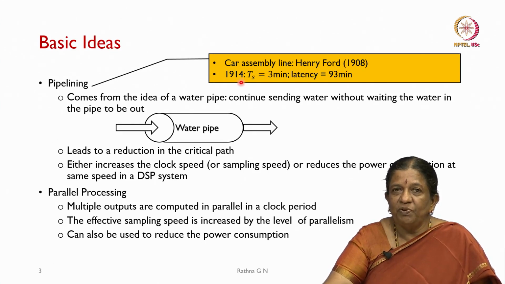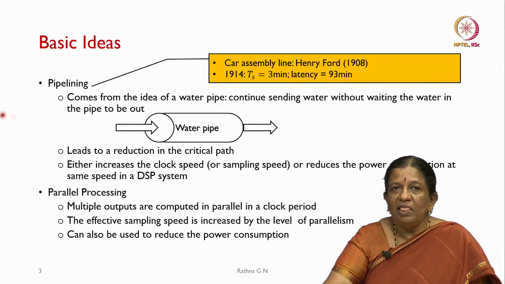In 1914, every car was coming out in 3 minutes. The latency in that case was 93 minutes. Although they were able to achieve 3 minutes, 93 minutes was the latency because one of the stages was taking more time.